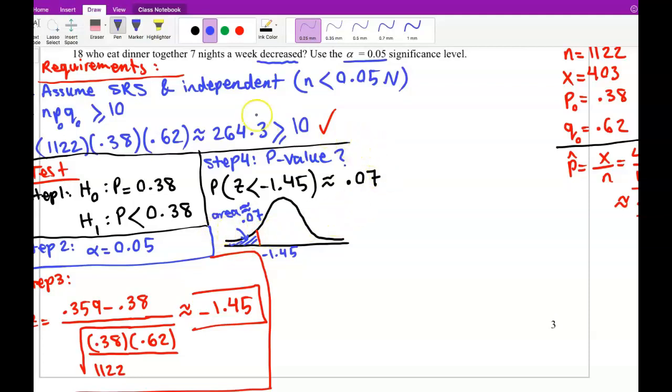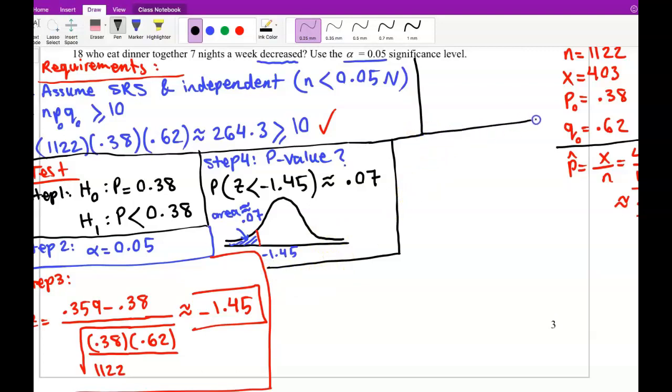Okay, so we finished step 4, now step 5. In step 5 we should compare the p-value with alpha.